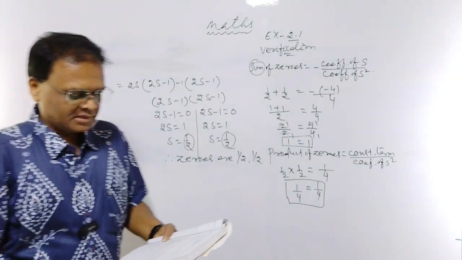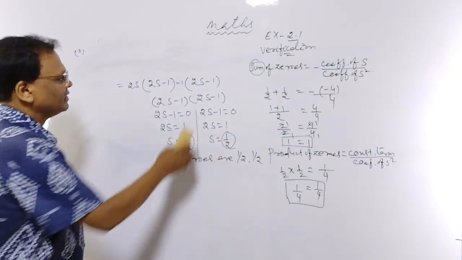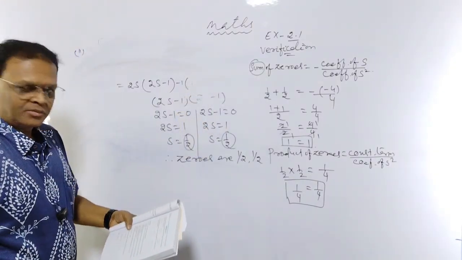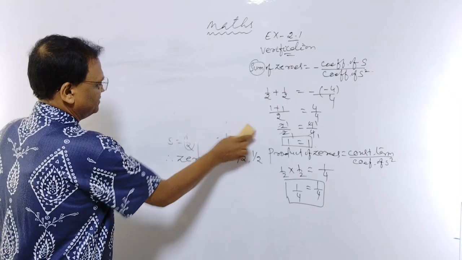So let's see the third one. The third one is 6x square minus 3 minus 7x. In fact, the fourth one is not important, but if you need, you can do it. Now I am doing the third one.